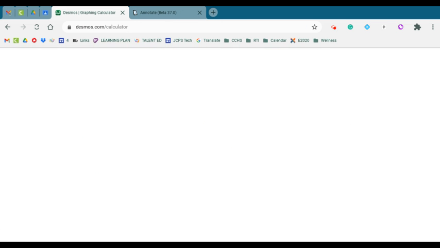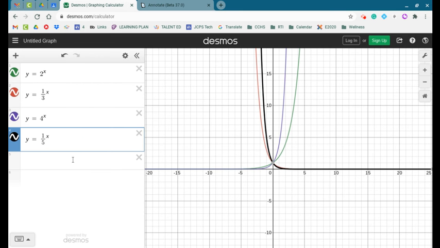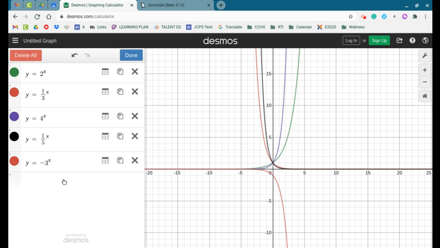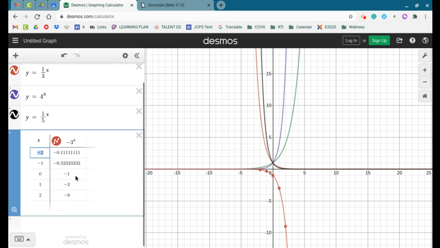Now, if you go to your calculator and put y equals -3 to the x and hit your gear button to get your table, this would be 1/9. So we know -1 would give you a fraction as a y, but 2 would give you a -9.